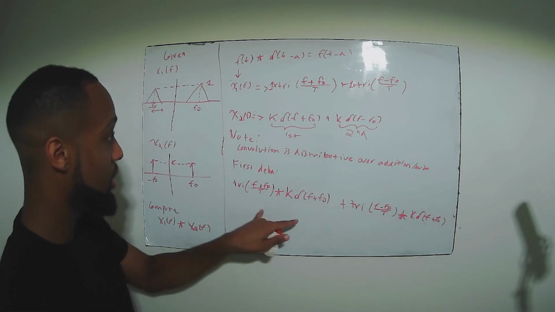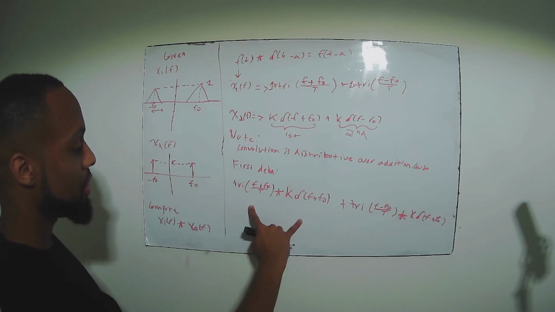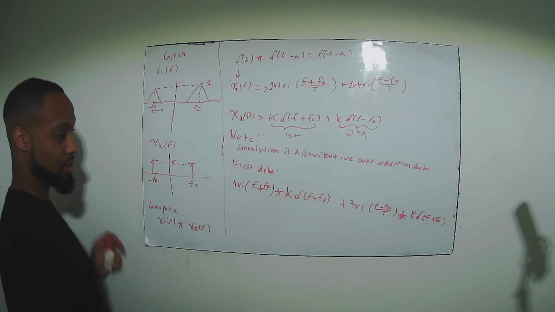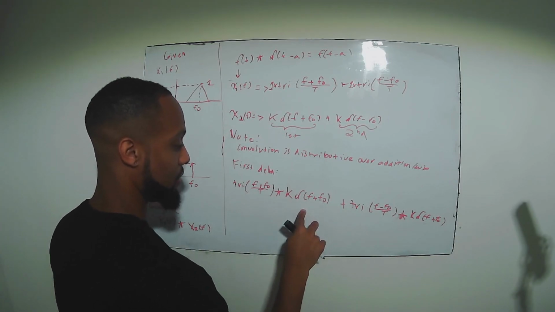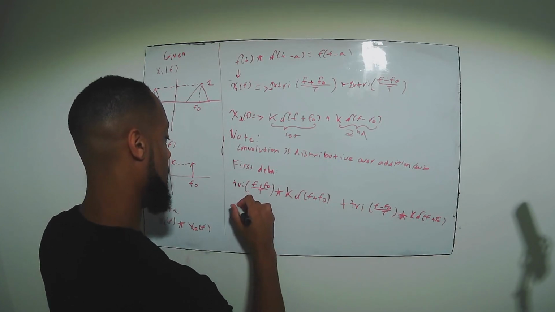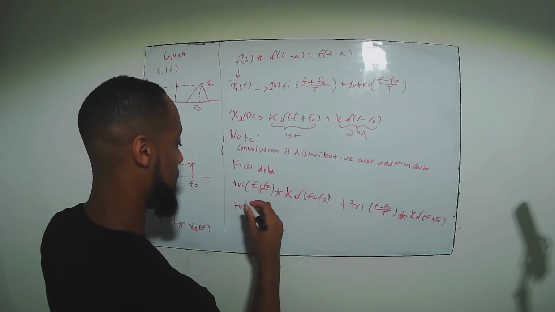To compute this, we're going to use the idea up here, which means that when you convolve something with a delta, it just shifts the function to the center where the delta is centered. Here the delta is centered at minus f naught, so we're going to shift it over by minus f naught.